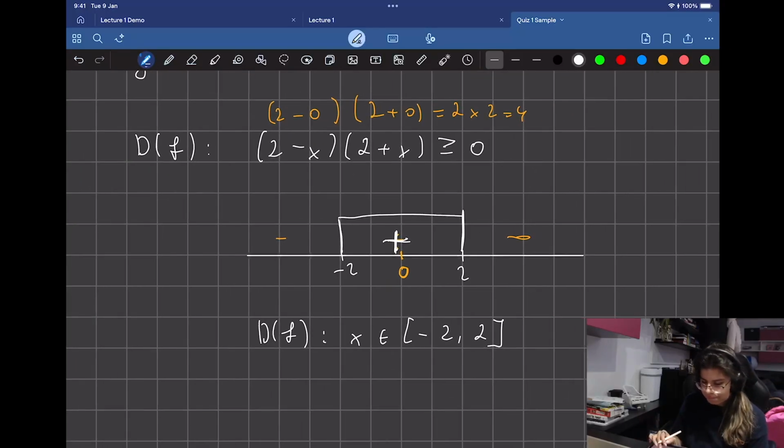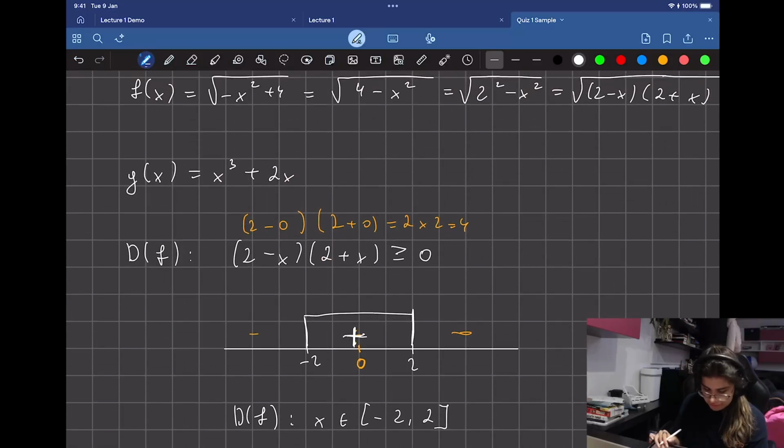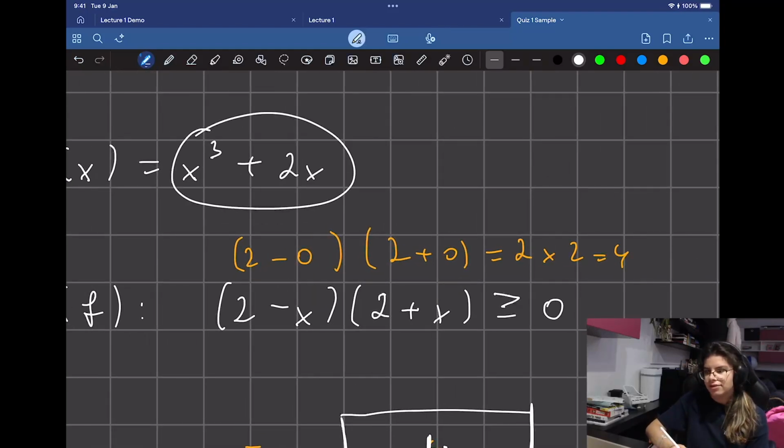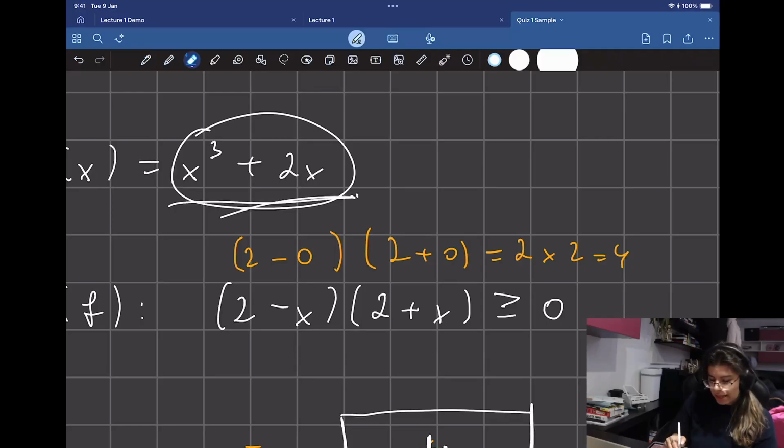Okay, we have this for f, and now we need to find the domain of g of x. We're really lucky here because this is defined over all values. There is no value for which this is not going to work, basically. So we don't need to do any calculations.